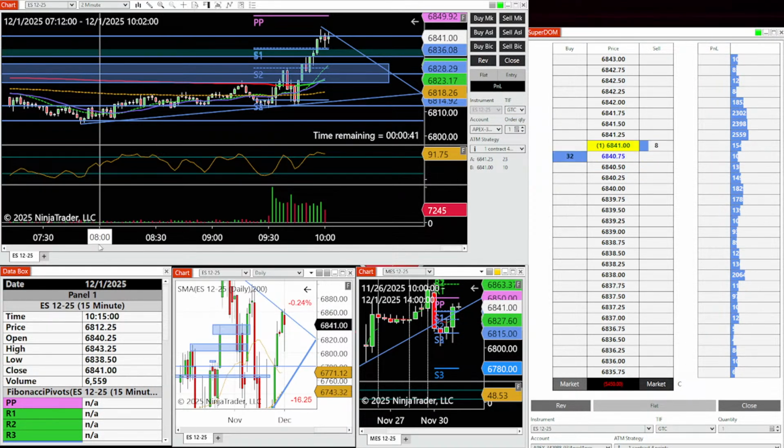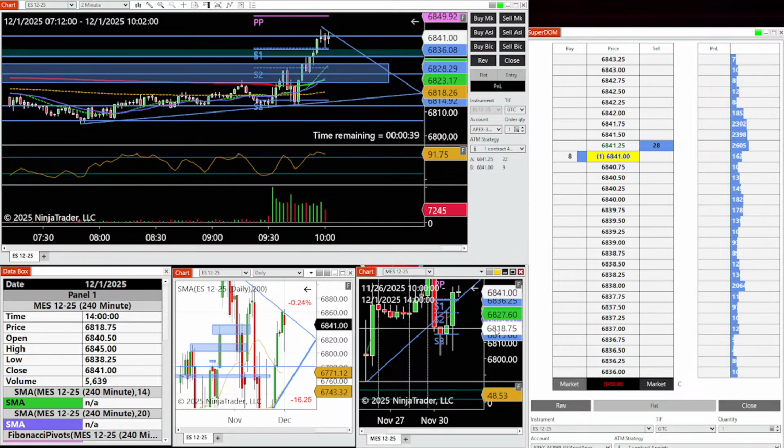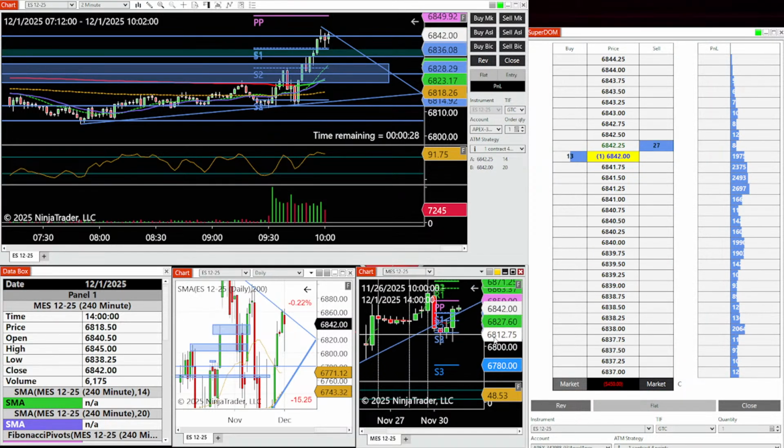The 4-hour bar just opened up. It's 38 on the 4-hour bar, but it's holding above that trend line.